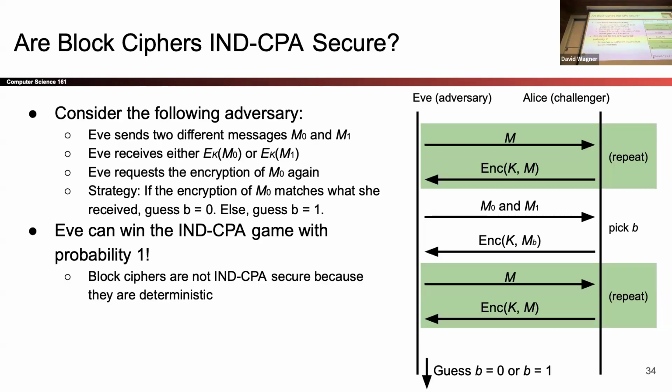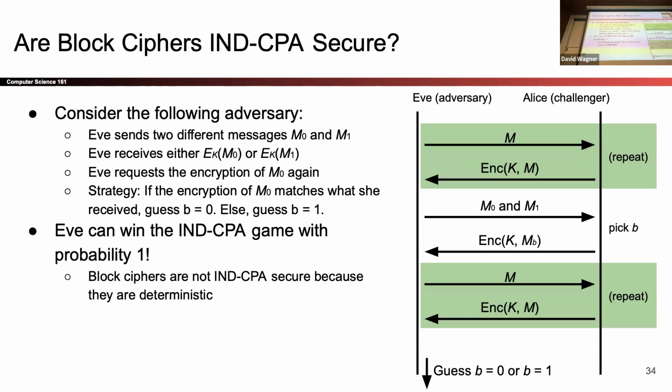So if you encrypt yes, the same message, twice under the same key, you'll get the same ciphertext both times. So Eve already knows what yes encrypts to and what no encrypts to. And then she invites Alice to encrypt either yes or no. Whichever Alice does, she'll be able to map that back to the corresponding message.